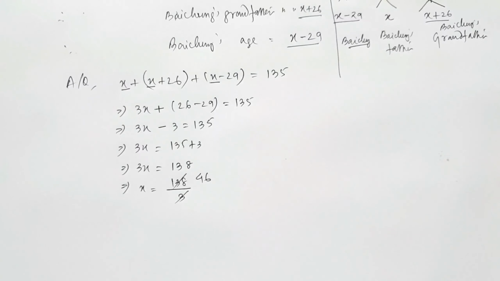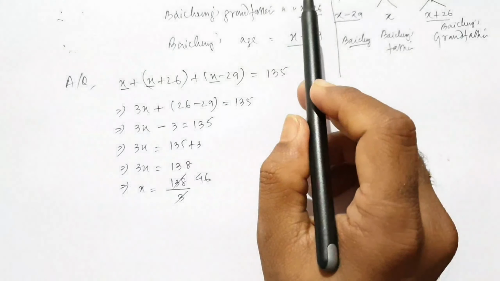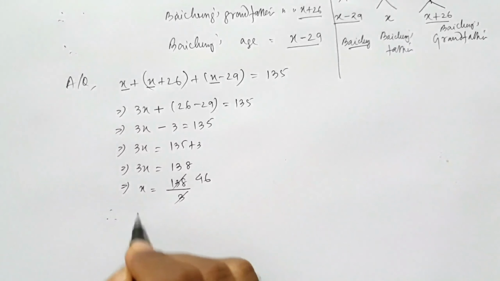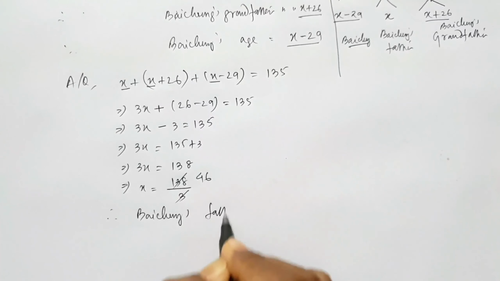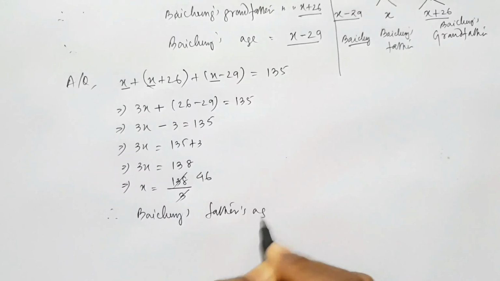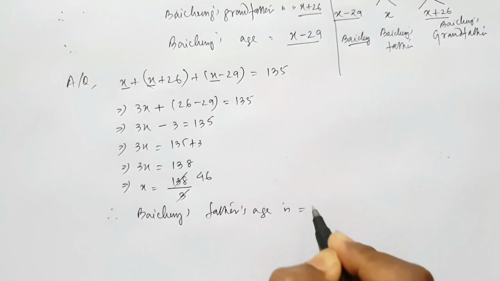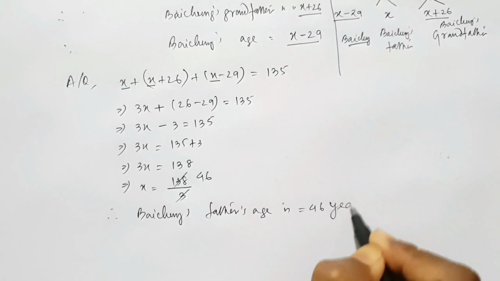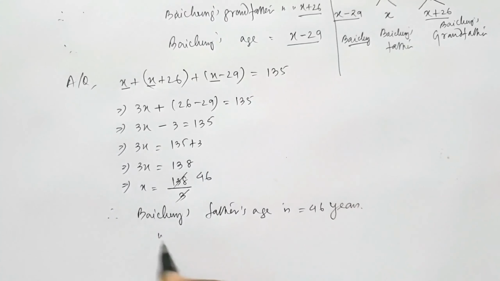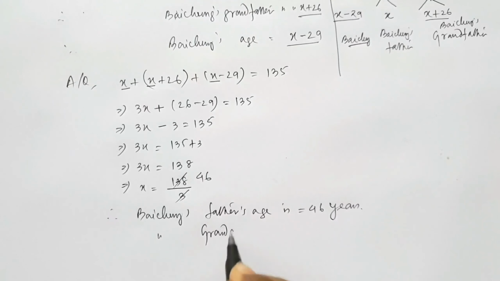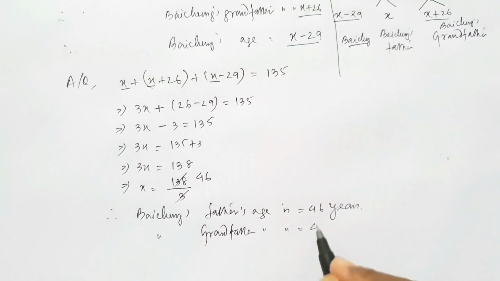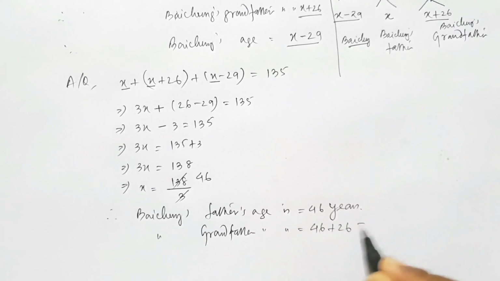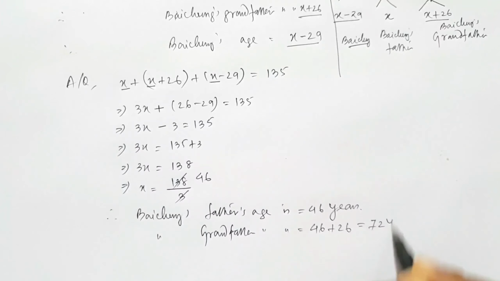So ultimately we can say that the X value is Baichung's father's age. Therefore Baichung's father's age is equal to 46 years. Baichung's grandfather's age will be, we can see X plus 26, that is 46 plus 26, which is nothing but 72 years.